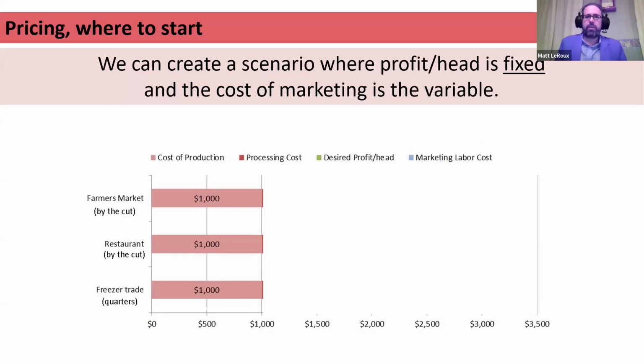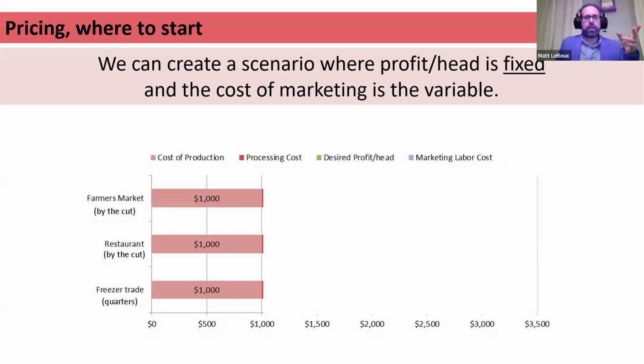We can create a scenario where the profit per head is fixed across all animals, regardless of what channel we sell them through. And what the real variable that causes us to have different price lists is the cost of marketing. So let's consider we have a pen with 3 animals in it. Regardless of what channel they go into, our cost of production is the same. Let's assume for all animals, right?